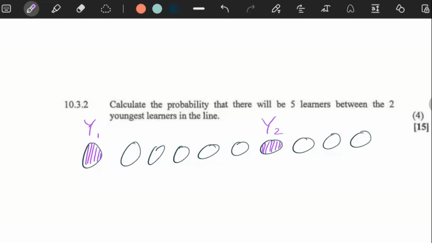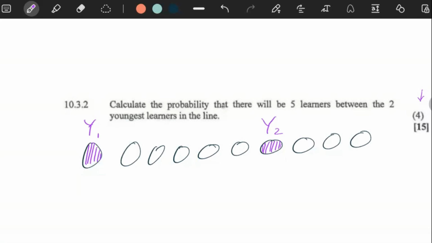This is quite an interesting question, because all you need to think to yourself is there has to just be 5 chairs between these two people, and then the rest can sit whichever random way they can sit. So that's basically where your 4 marks are going to come from. You need to logically think of a way that these two people can be 5 seats apart.